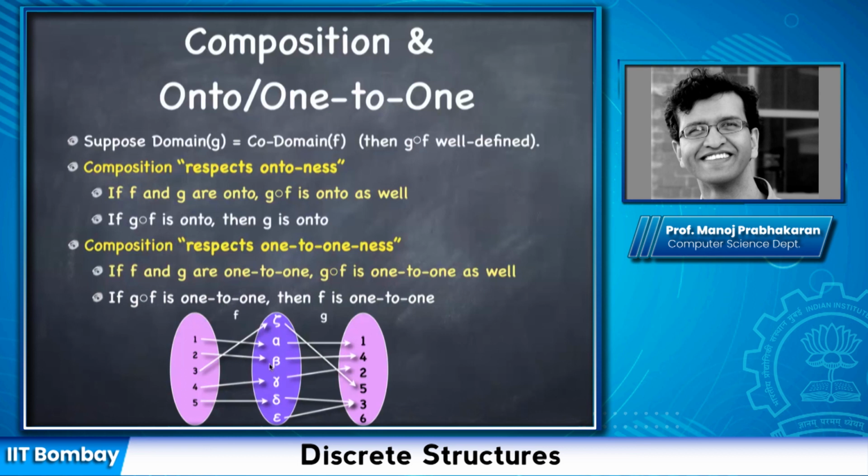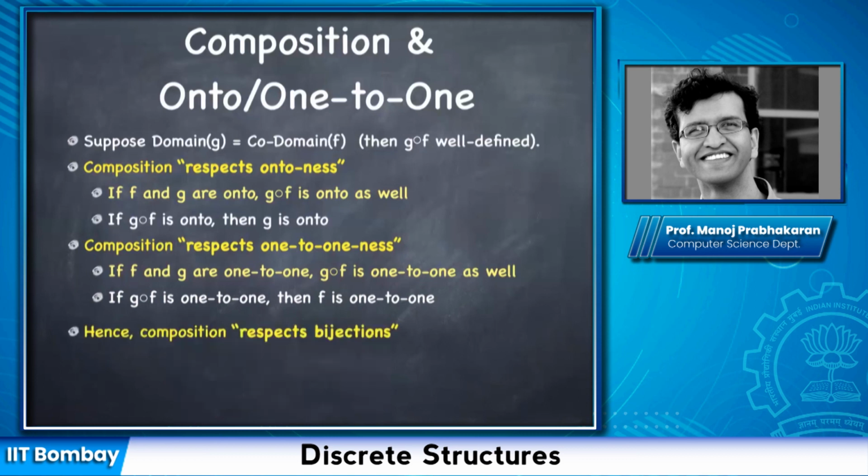So g of f will not be one-to-one. So for g of f to be one-to-one, it's necessary that f is one-to-one, and it is sufficient that f and g are both one-to-one. But again, one of these is a necessary condition and the other is a sufficient condition, but we are not giving any necessary and sufficient condition for g of f to be one-to-one.